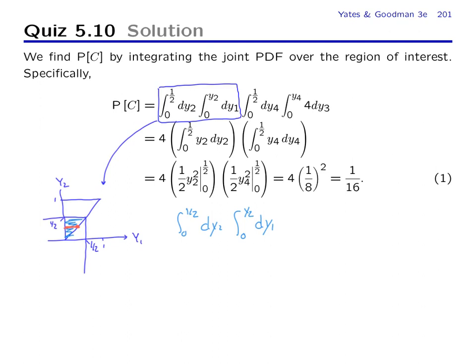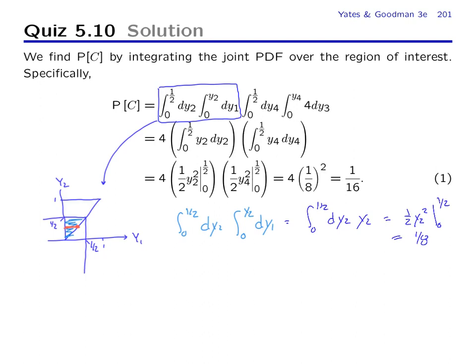And the answer we got was equal to the integral from 0 to 1/2 of dy2 times y2, and this is equal to 1/2 y2 squared, 0 to a half, and this is equal to 1/8.